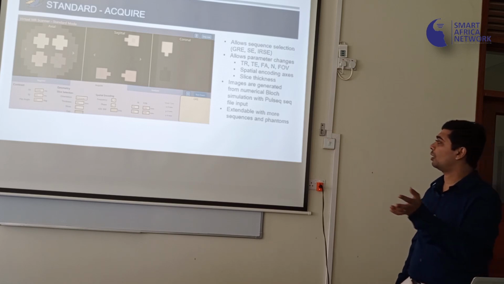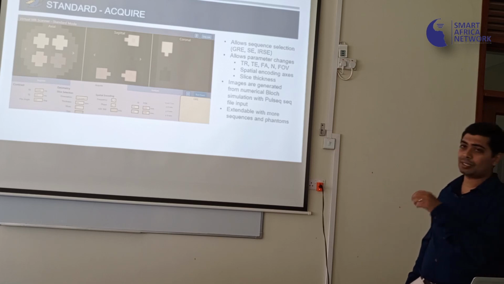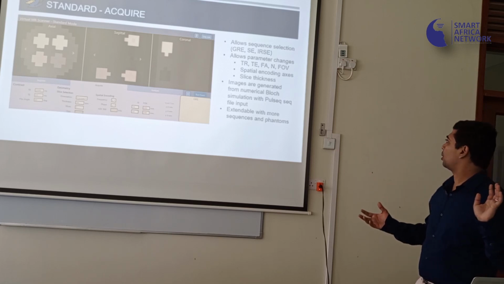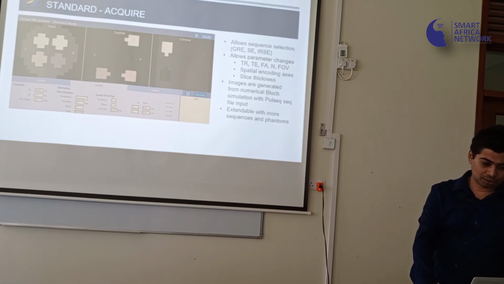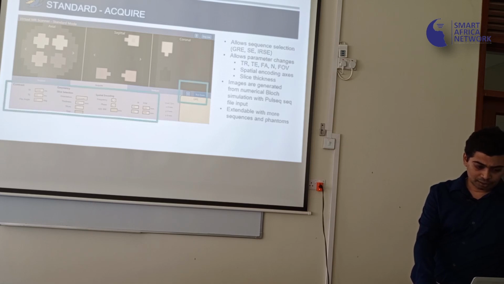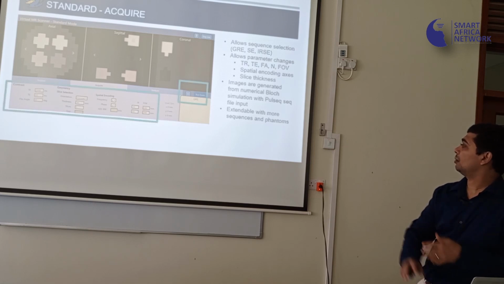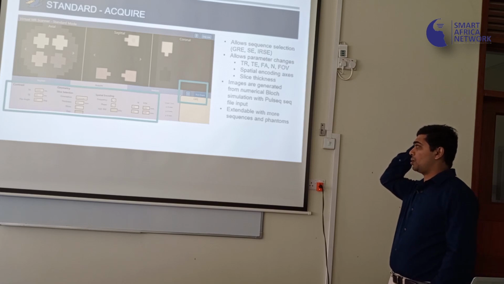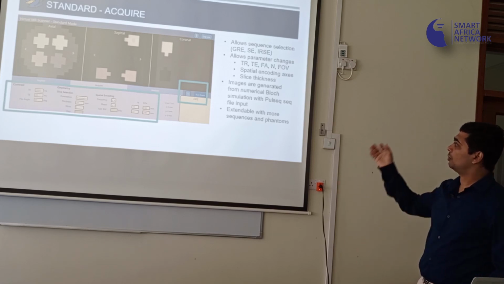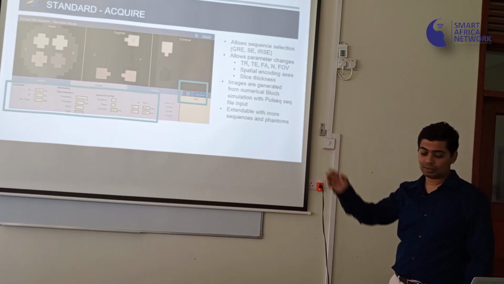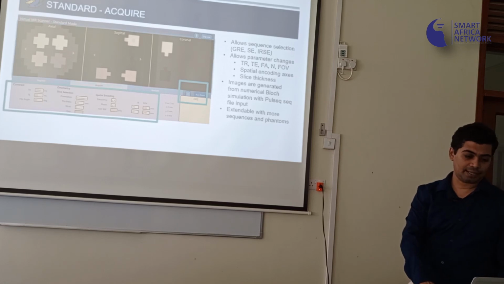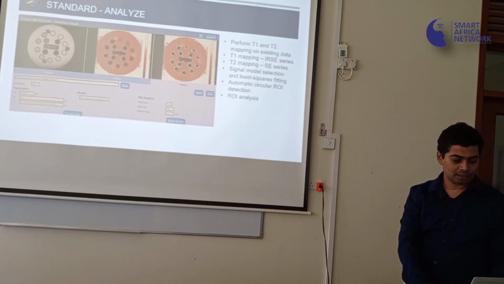So you would have this acquire tab where you would set what parameters you want to acquire the sequence on. And then the simplest sequence to start off with is a gradient recalled echo. So you pull that, you add it, and then you start configuring that to play.